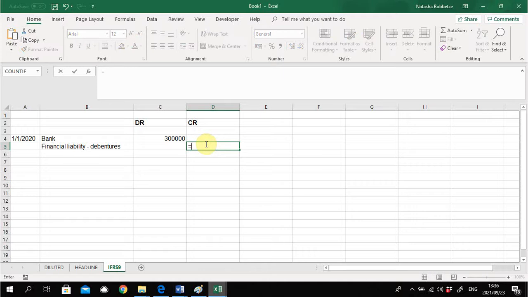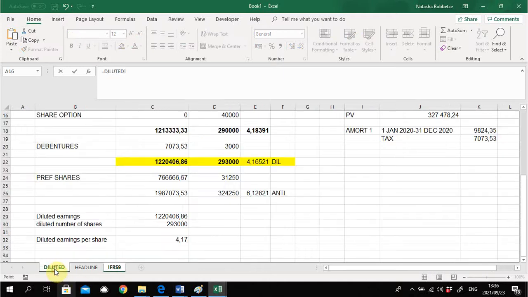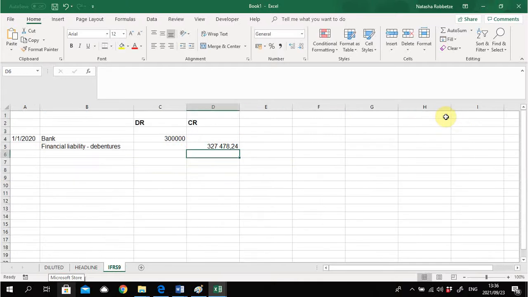So the present value should be listed here. And I believe that we did calculate the present value. There it was, 478 and 24 cents.